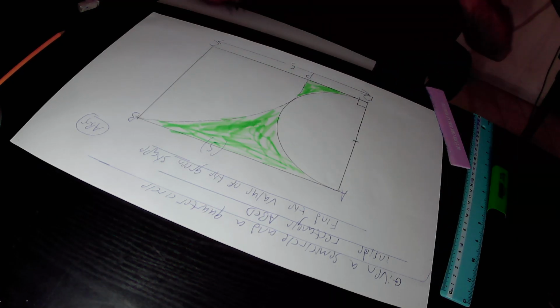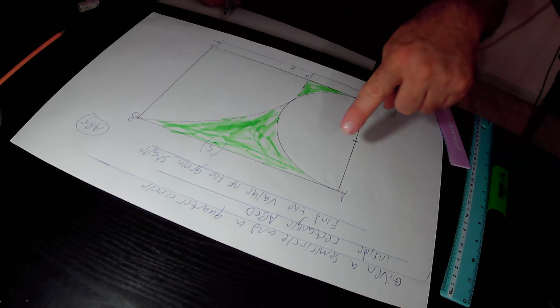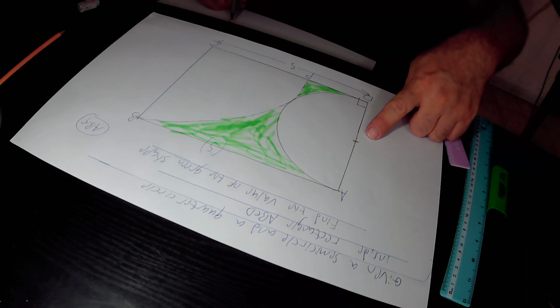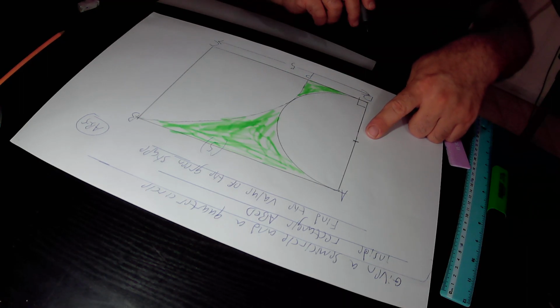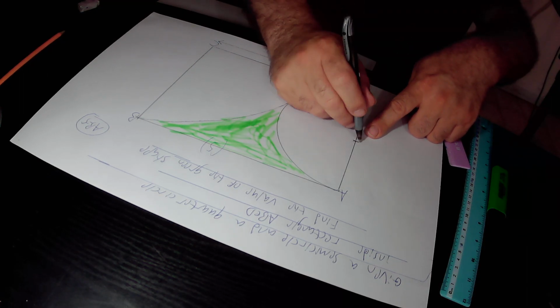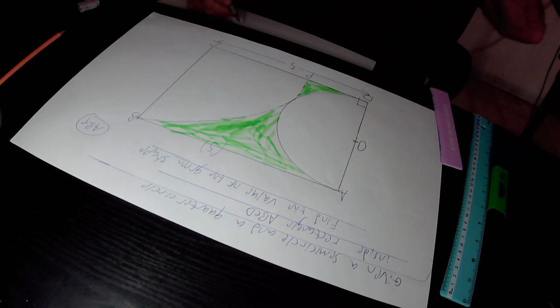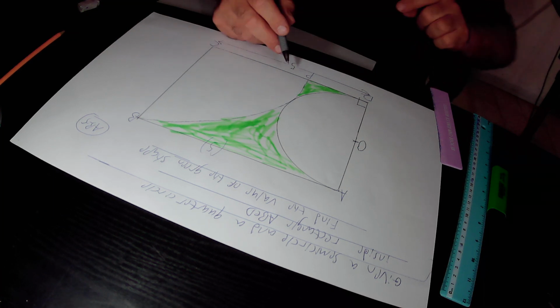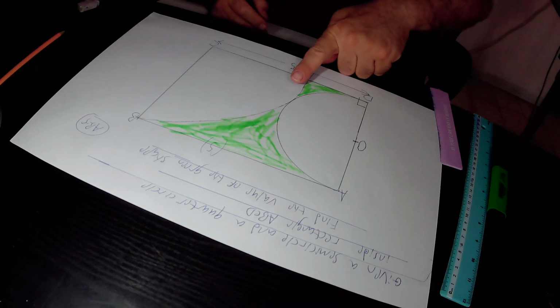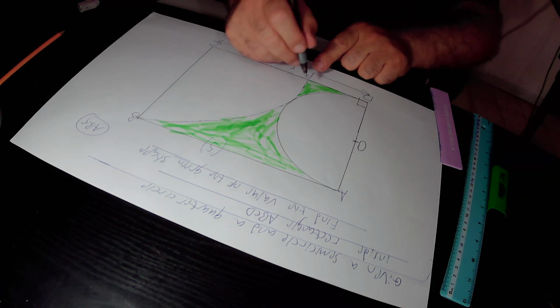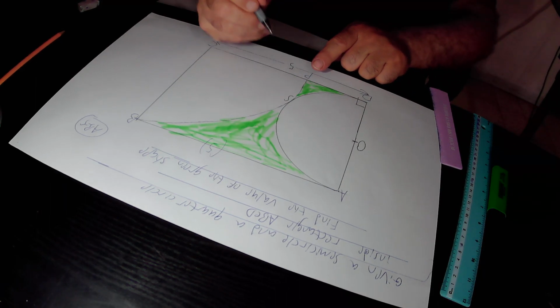In the next step, we'll define the center of this semicircle, this point O, and we define the touching point of this semicircle with this quarter circle. This point is point S.